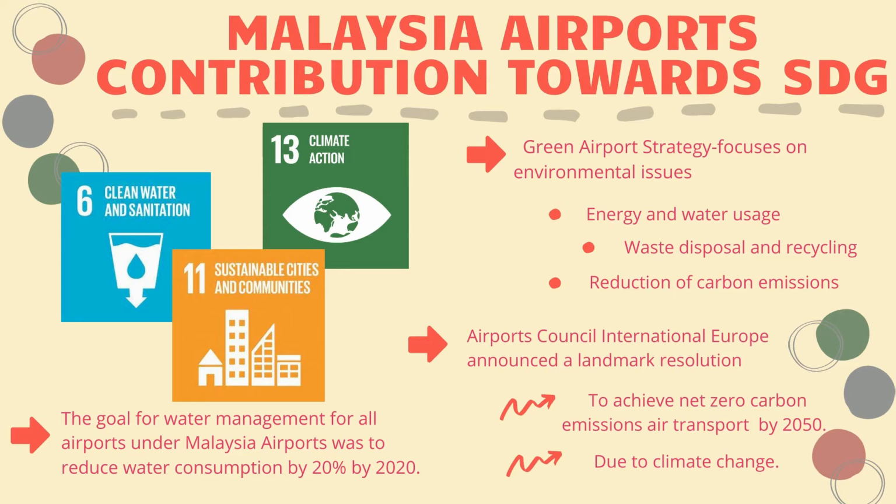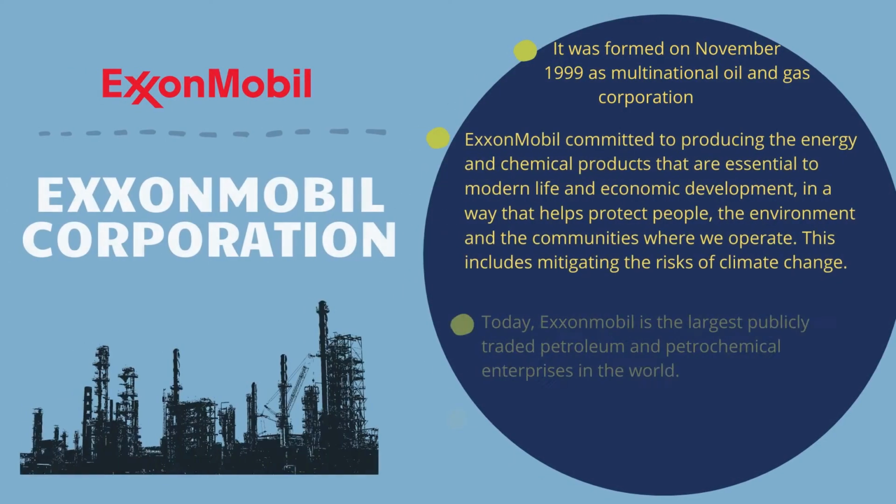In 2019, the newly set up Engineering Environment Committee set a water management target with 2016 as the baseline year. The goal for water management for all airports under Malaysia Airports was to reduce water consumption by 20% in the year 2020. Next, the global company that we chose is ExxonMobil Corporation.